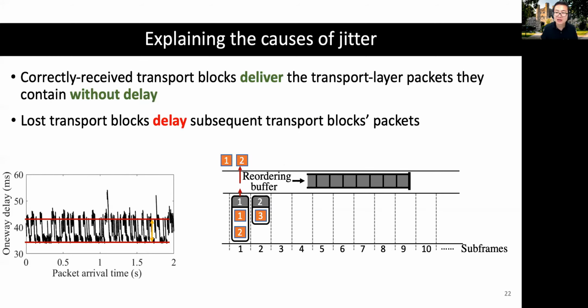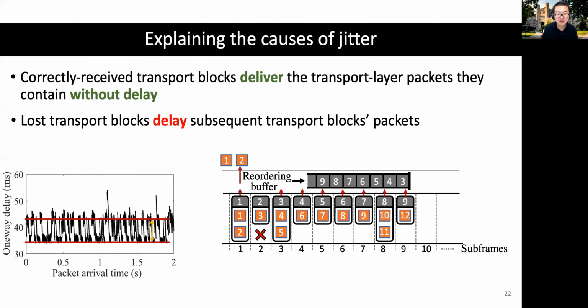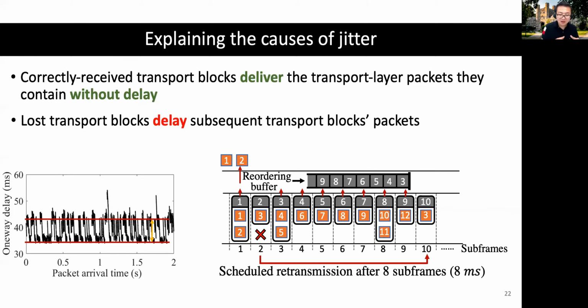If a transport block gets lost, the mobile client will buffer all the subsequent transport blocks in the reordering buffer until the originally lost transport block is retransmitted. If the retransmission succeeds, all the buffered packets will be reported to the transport layer together. As a result, one retransmission can cause 8 milliseconds of delay, and one transport block can be retransmitted 3 times at most.